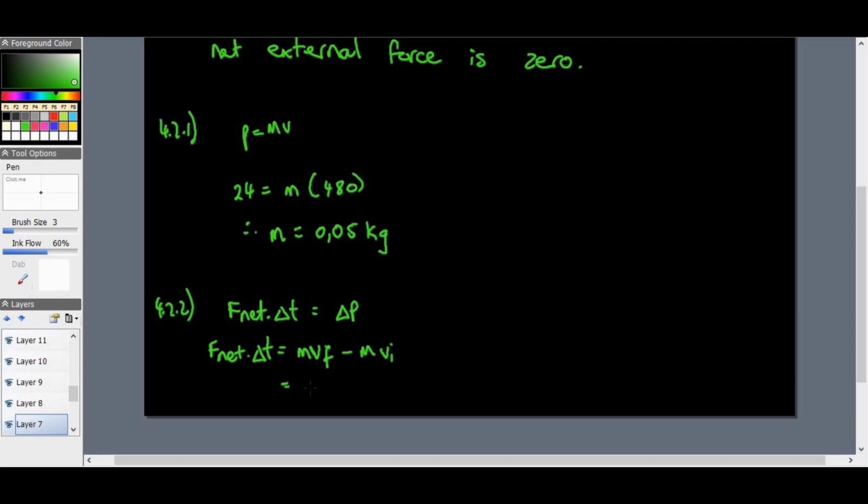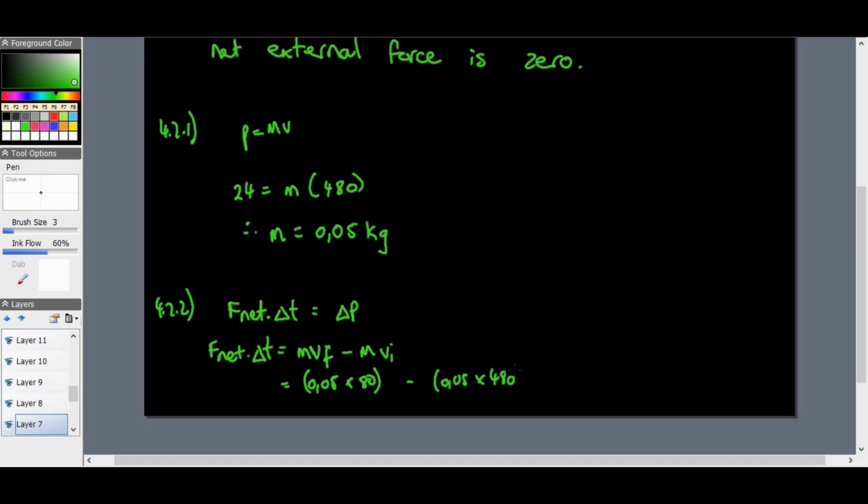In other words, that's going to be 0.05 multiplied by 80, because that was the final velocity of the bullet, minus 0.05 multiplied by 480, which we all know is equal to 24.